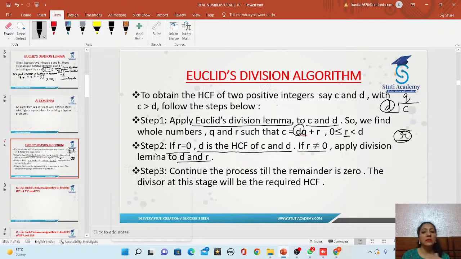We keep continuing the process till we get the remainder 0. Once we get the remainder 0, the divisor at the last step would be the required HCF. I'll explain how to do it with the help of an example.